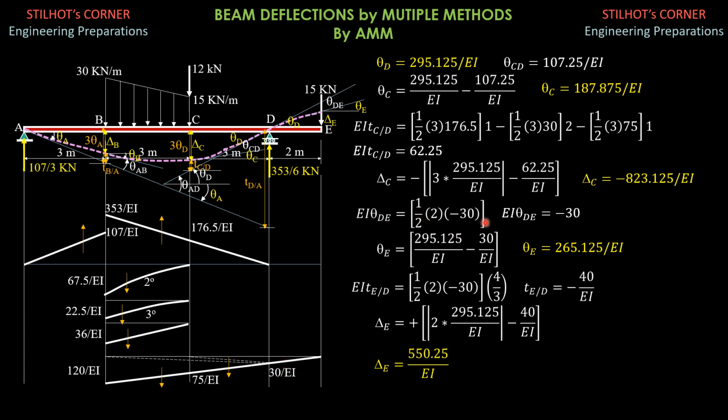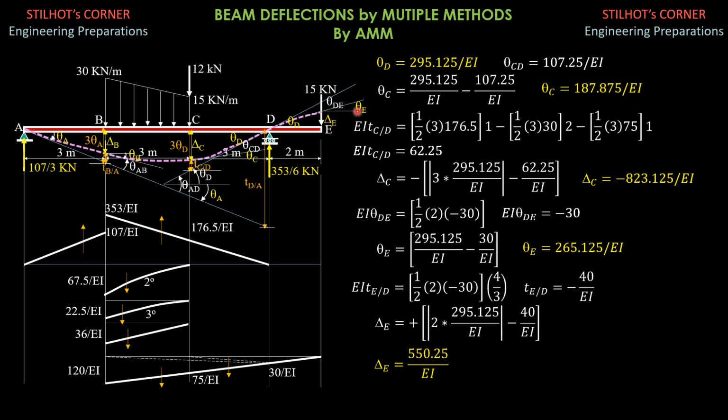So therefore, EI theta DE is negative 30. Negative means from the tangent at D to the tangent at E, that's clockwise as shown. And since theta D has greater value than theta DE, the tangent at E is as shown in the figure. So theta E is also positive.